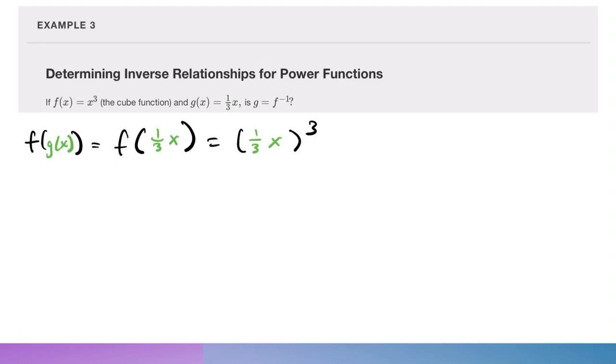Okay, it looks like it's not working out, right? Because if we cube it, we're going to get 1 over 27 x cubed, which is not x, right? It doesn't cancel out. So this is not equal to x.